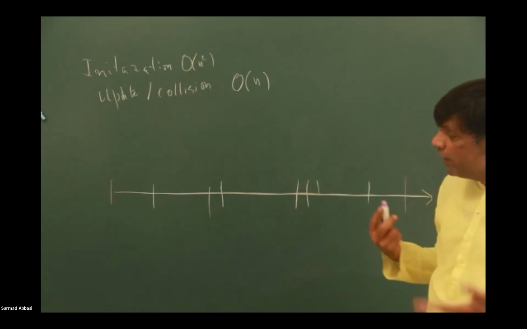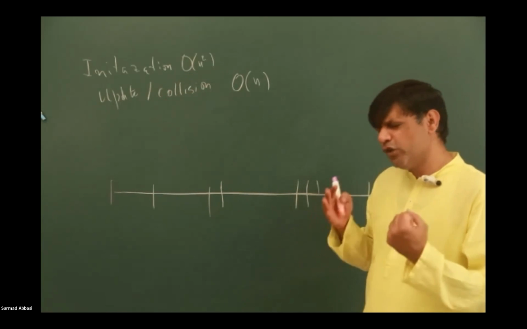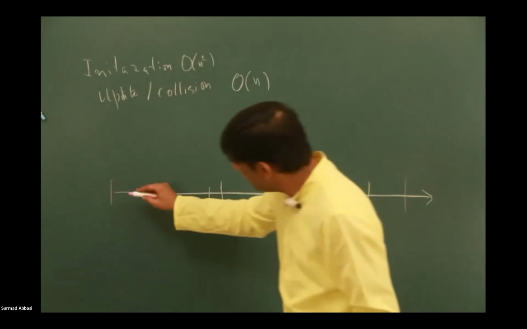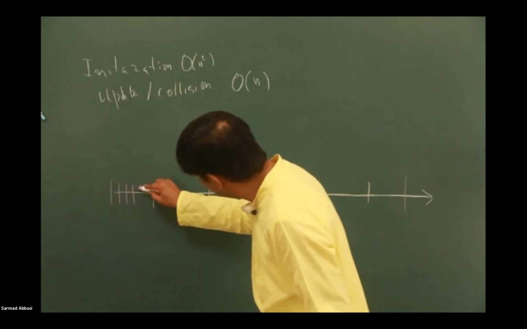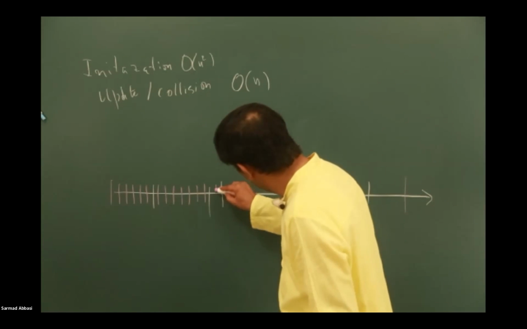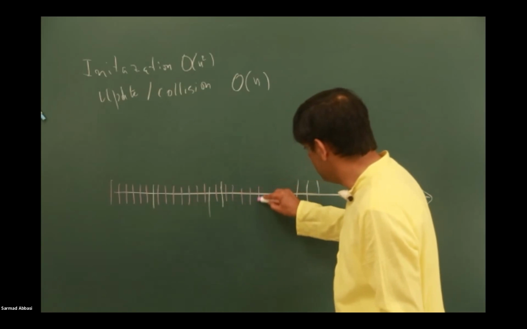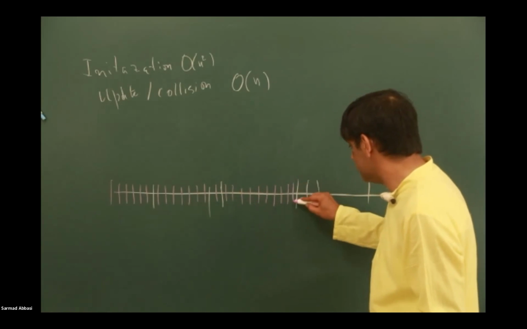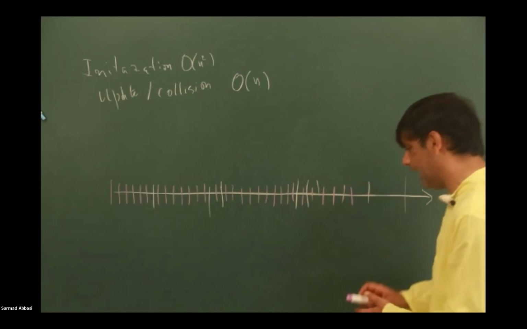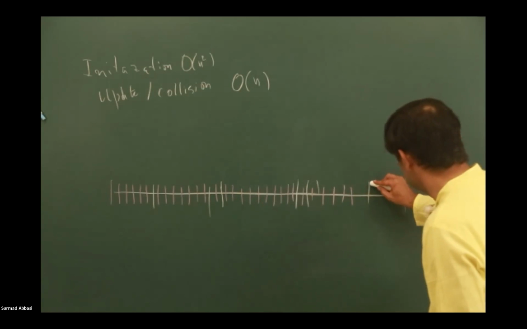Okay, so what you want is your frame rate to be much faster than the collision rate. Okay, so the frame rate has to be something like this. Okay. It has to be much faster than the collision.